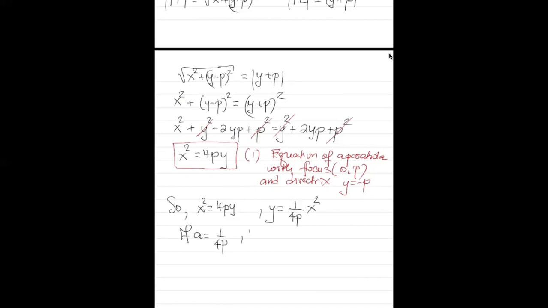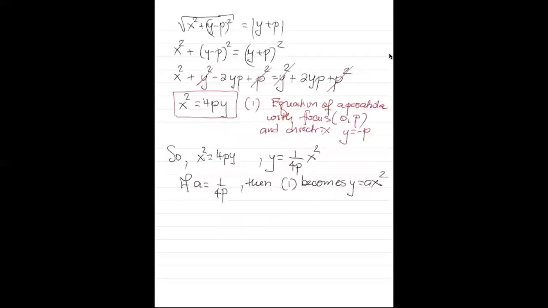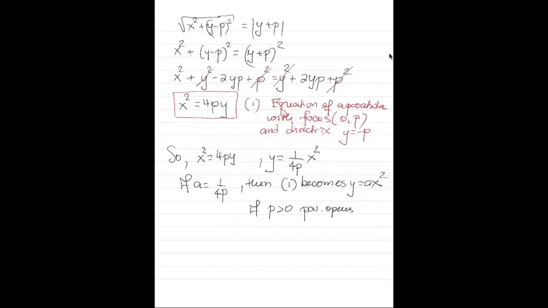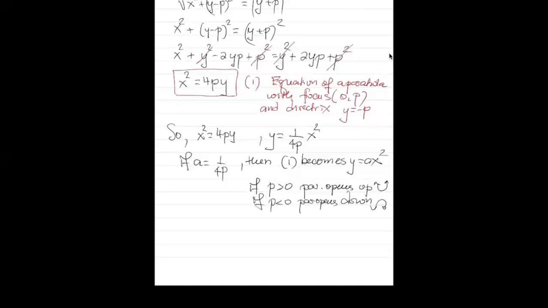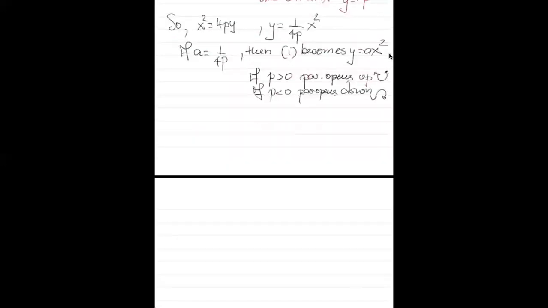If p is positive, then the parabola opens up, and if p is negative, the parabola opens down. The graph is symmetrical with respect to the y-axis.